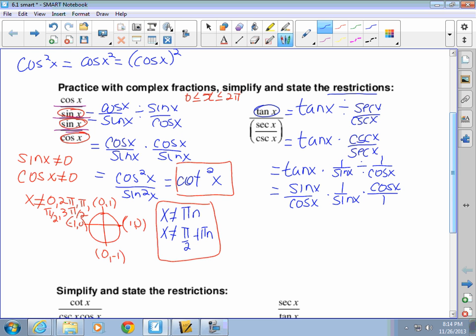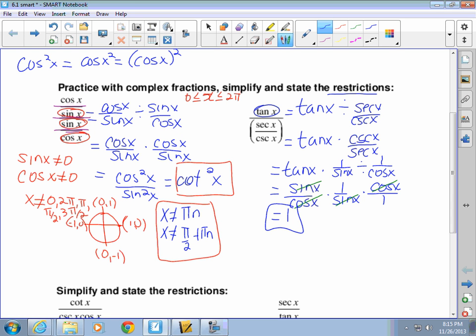So I was dividing by it, so I multiply by the reciprocal. So now I see, okay, what can I reduce? So my sine x and sine x will reduce, and my cos x and my cos x will reduce. So I'm left with 1. So that is my solution to this one.